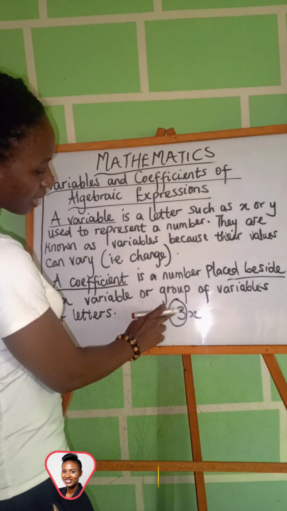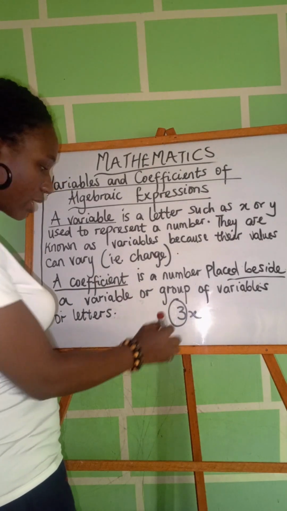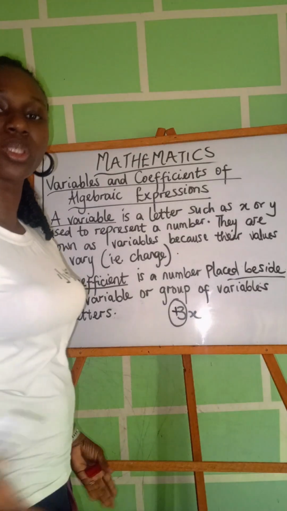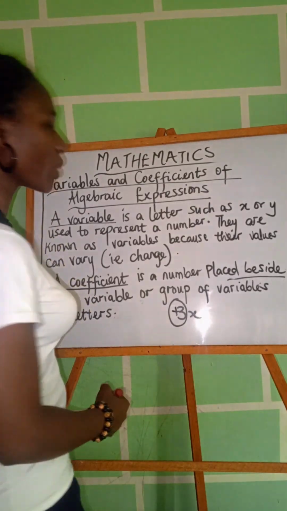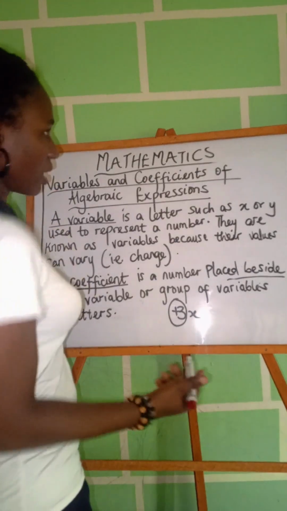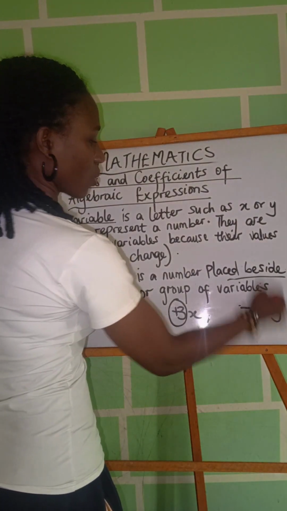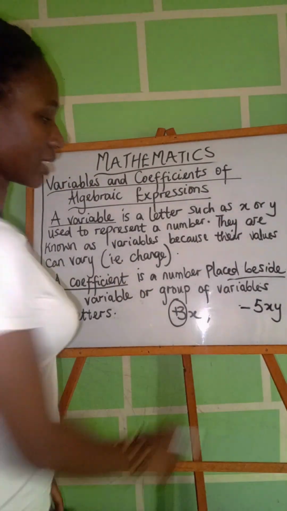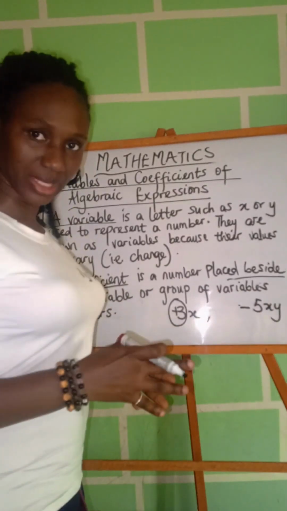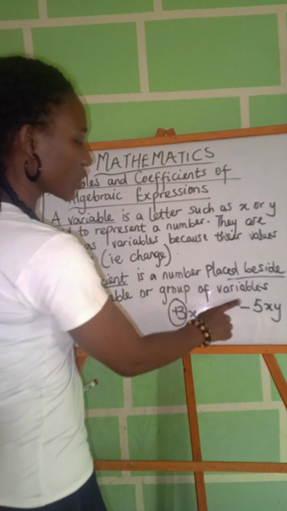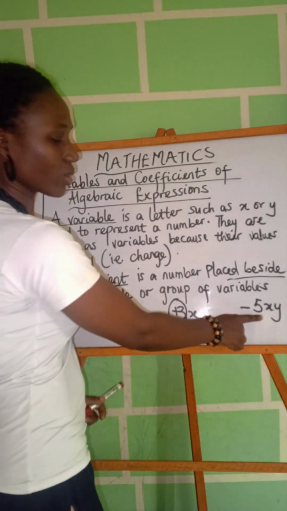And you know there is an invisible plus here, so that means the coefficient is plus 3. When we have a group of letters, let's say you have minus 5xy. That means x and y is a group of letters. So the coefficient here is minus 5.